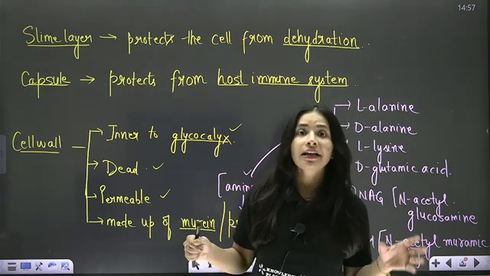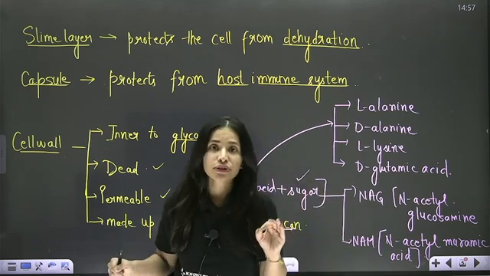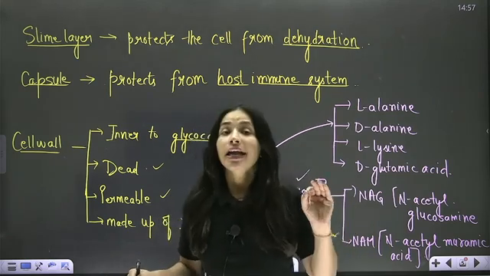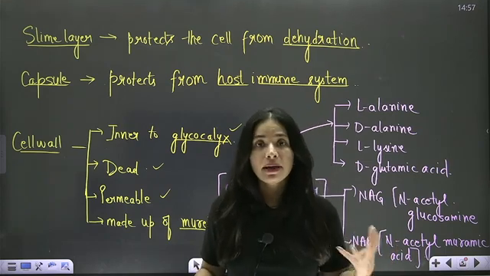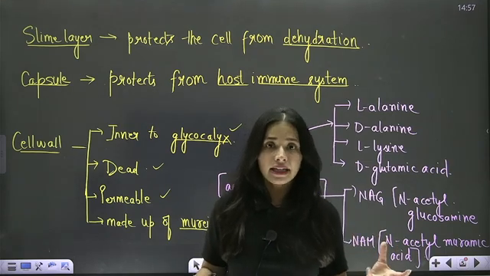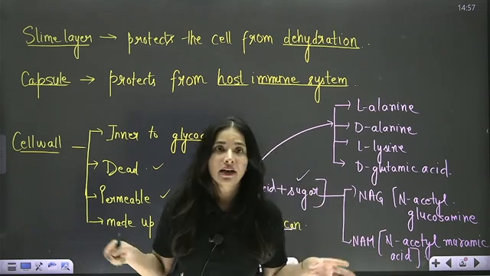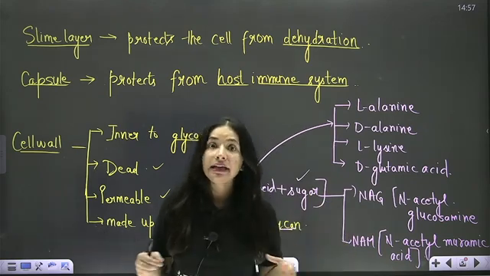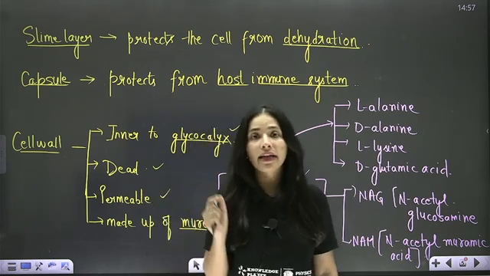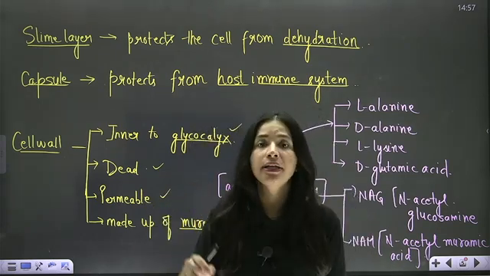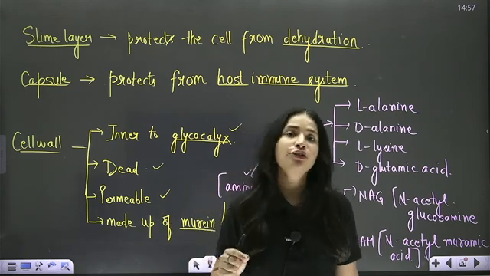As a result, cell wall synthesis does not take place in the presence of the antibiotic penicillin. So that is why penicillin kills bacteria by degrading their cell wall. How? Because penicillin inhibits the cross-linking between the peptidoglycan units.